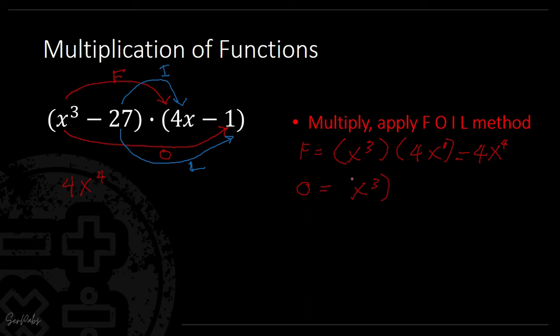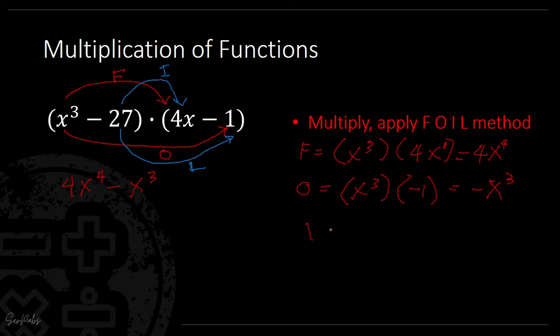So, x cubed times negative 1. Include ang sign. Positive times negative, so we have negative. 1 times x to the third, we have x to the third. Okay, so we have negative second term, we have negative x to the third power.